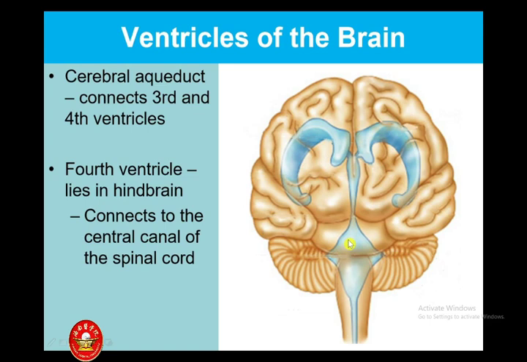When we talk about the fourth ventricle, it lies in the hindbrain and connects downward with the central canal of the spinal cord. Furthermore, it lies between the cerebellum and the brainstem, contains a pair of choroid plexus in its caudal roof, and expresses the cerebrospinal fluid into the subarachnoid space via the two lateral foramina of Luschka and the single medial foramen of Magendie.